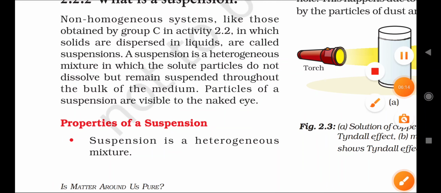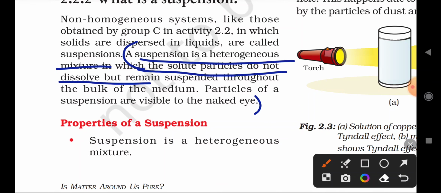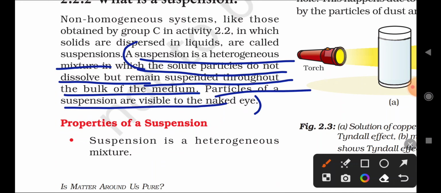Understood? This is a very simple definition and also important for your exam. If they ask what suspension is, you can write: suspension is a heterogeneous mixture in which the solute particles do not dissolve but remain suspended throughout the bulk of the medium, and the particles of suspensions are visible to our naked eyes.